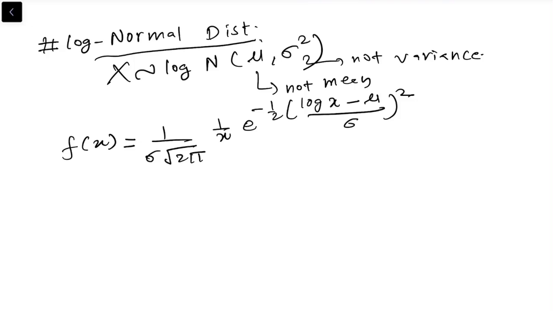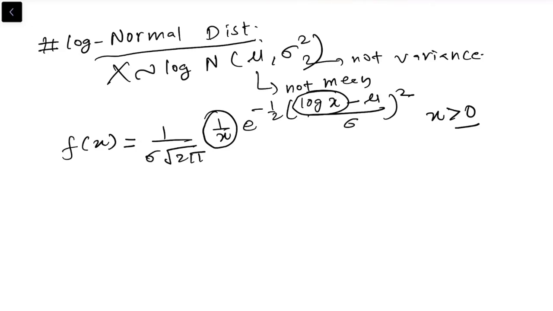In log normal we have an extra term, that is 1 over x, and in place of x we have log x, right? So this is different, and one major difference in these two distributions is the range of x. In the normal distribution the range is basically minus infinity to plus infinity, but in log normal the range of x is greater than 0. So this is one major difference.